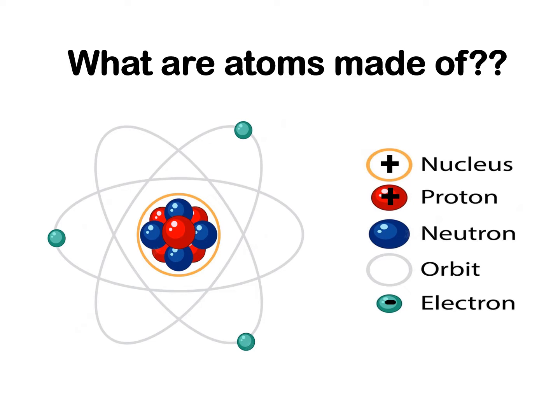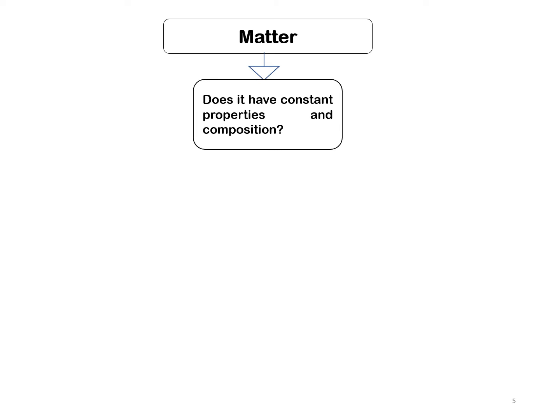Now, after having knowledge about matter and the basic unit of matter, we can classify matter on the basis of its composition and properties. Does it have constant properties and composition? If yes, it can be classified as a pure substance.